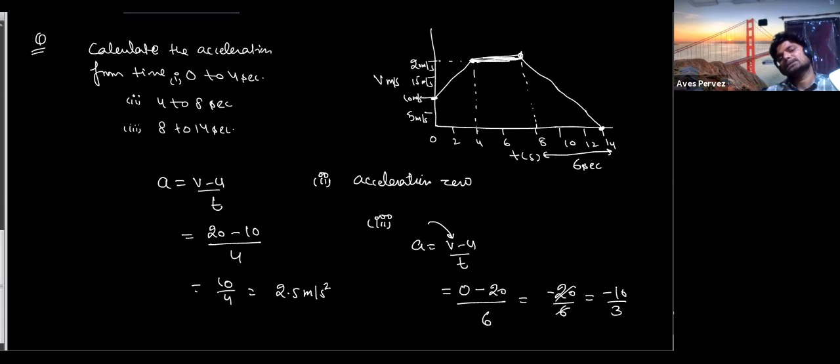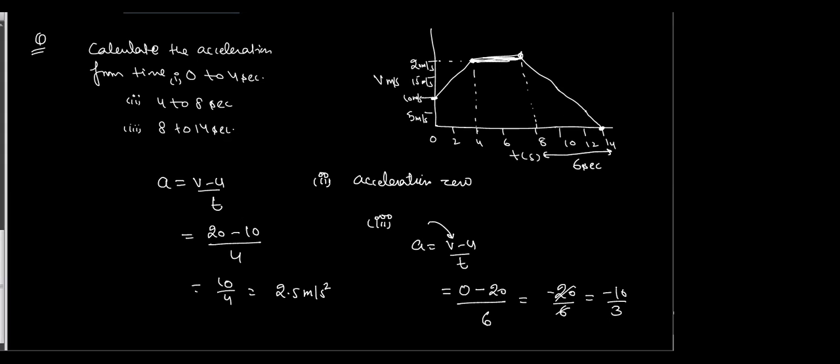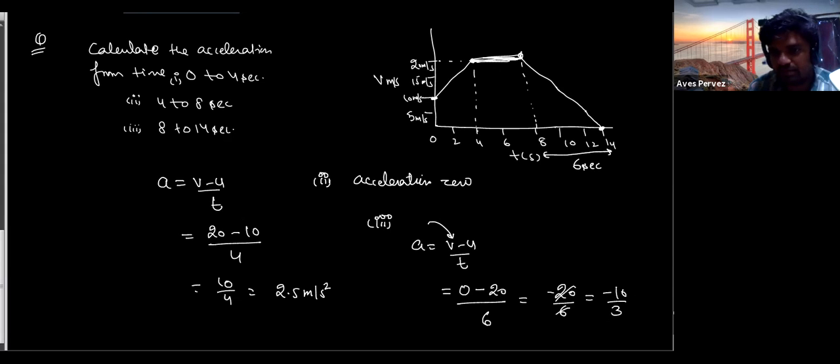Okay, got it? Yes, sir. Okay, so this is minus 10 by 3 meter per second square, or you can write it as minus 3.33 meter per second square. So this is the acceleration.